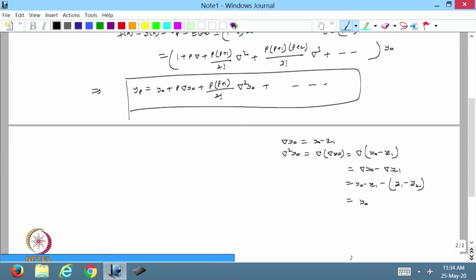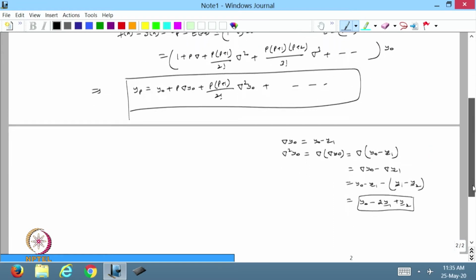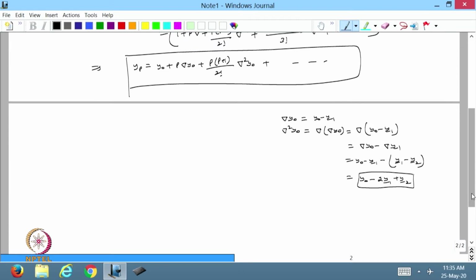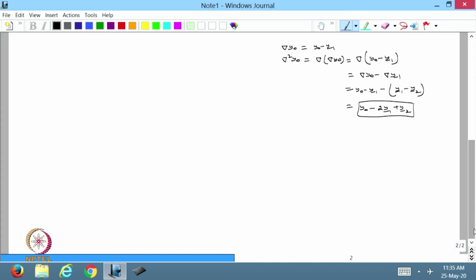So it is y0 minus 2 times y_{-1} plus y_{-2}. So three points are involved in the second backward difference operator. In this case I am going backward, using the Newton backward difference method.